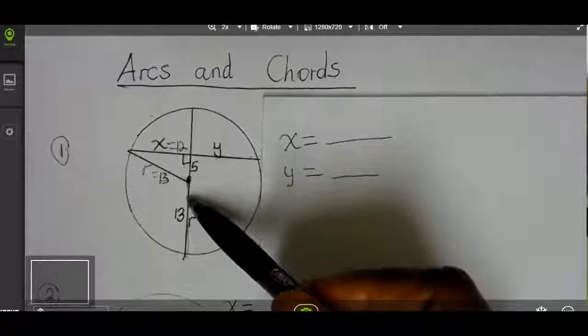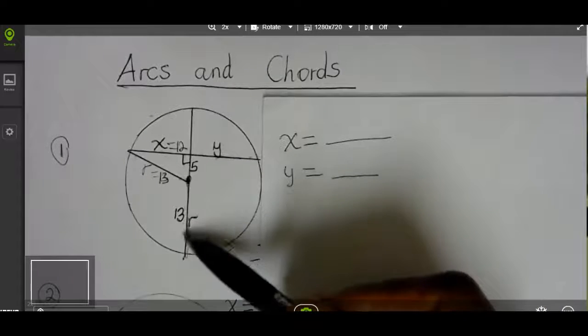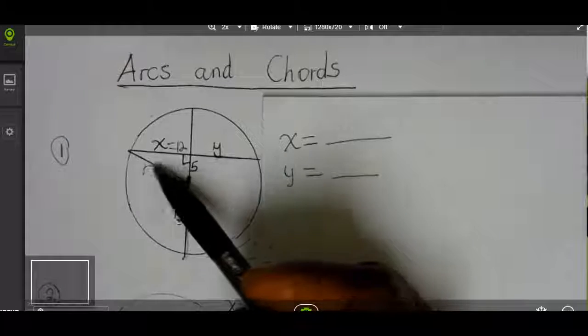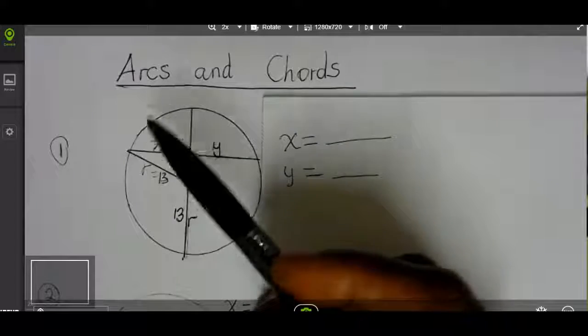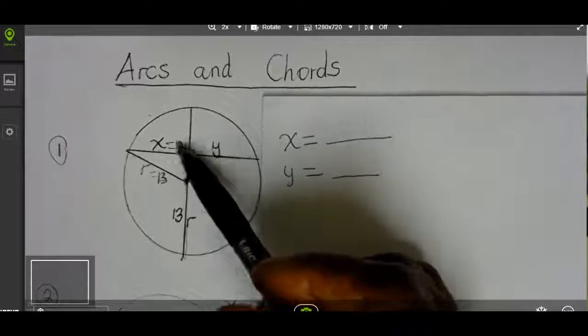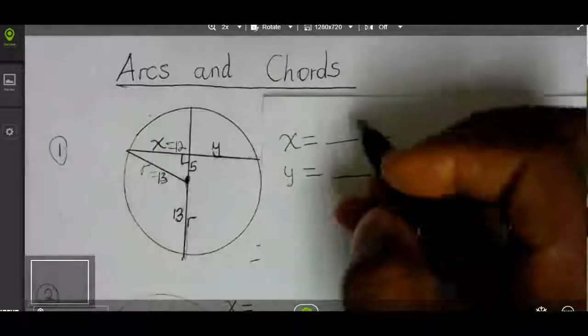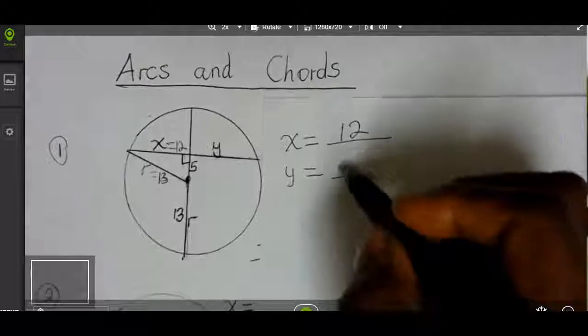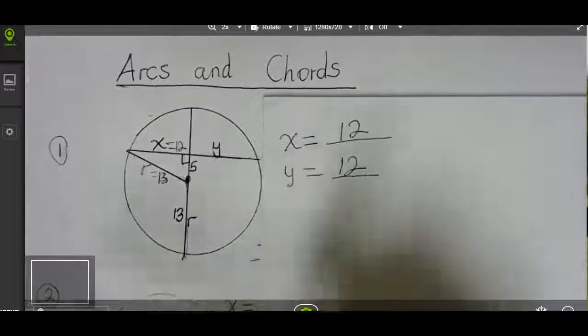So this is a radius which is 13. This other radius is also 13. So if you use Pythagorean theorem and check it, x is 12, y is going to be 12 also.